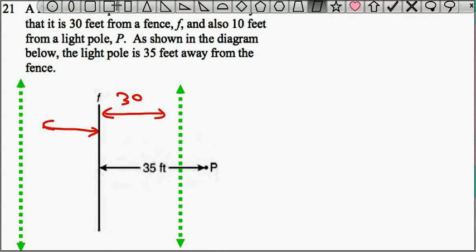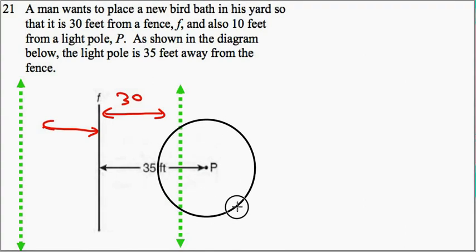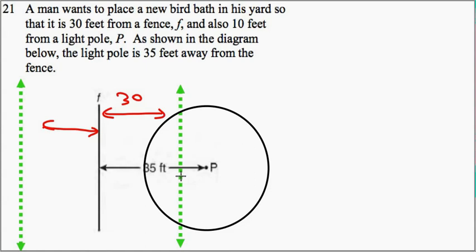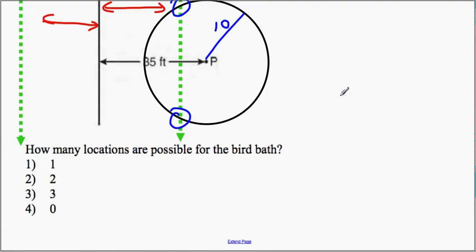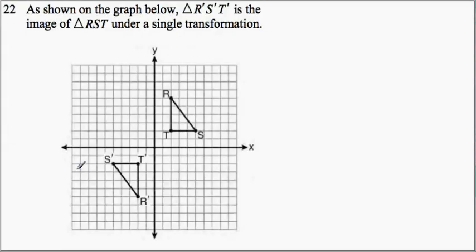Then if you draw the circle from P, I guess this will be about 10, fit here because this is 5. So then this becomes 10. What are the points that satisfy both conditions? It will be one right over here, one right over here. So we are looking at choice 2.